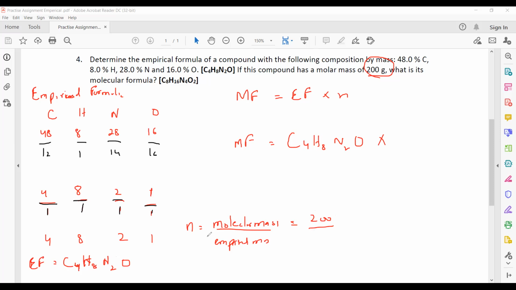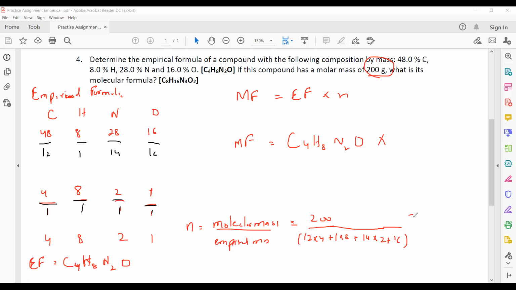So that will be, because 4 carbon atoms are there, 12 multiplied by 4, which is 48, plus 8 hydrogens multiplied by 1, into 8, that will make 56. Then 14 multiplied by 2 for nitrogen, plus oxygen is 16.